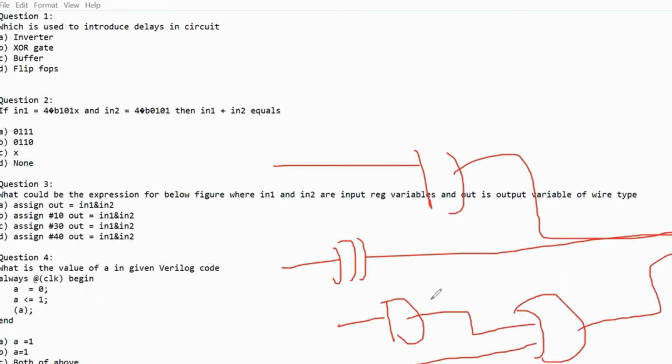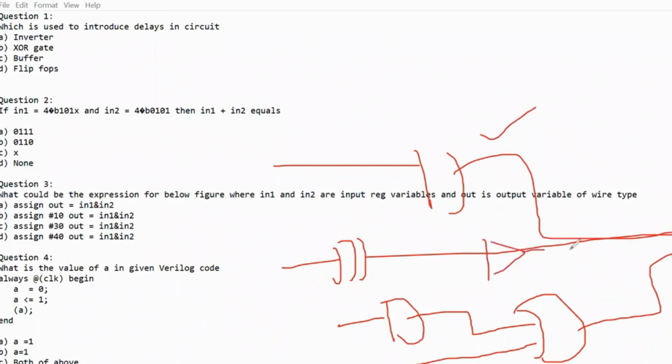Here a delay mismatch is there. Whenever there is a delay mismatch, the output will get glitches. There is a chance of glitches because the inputs are reaching the gate asynchronously. To avoid that, we use buffers here.